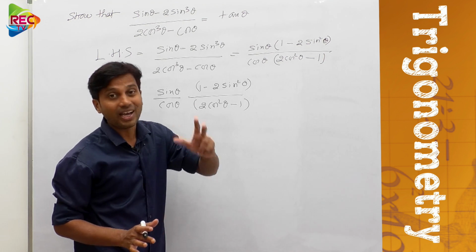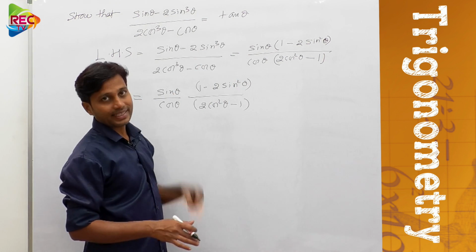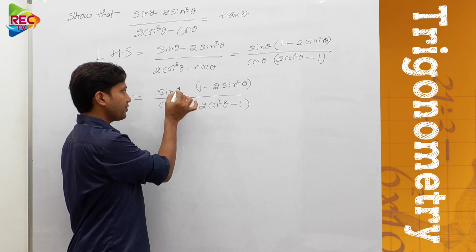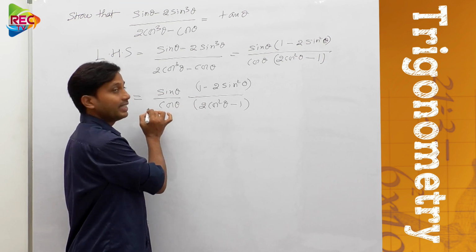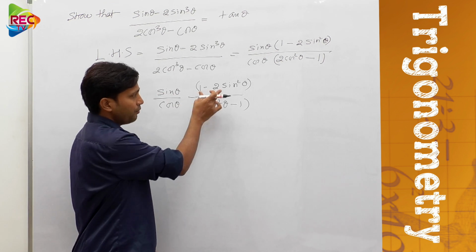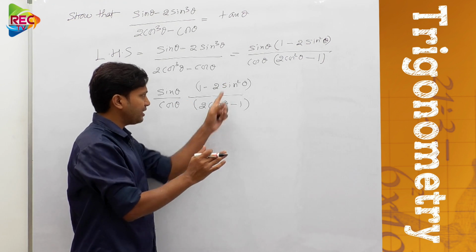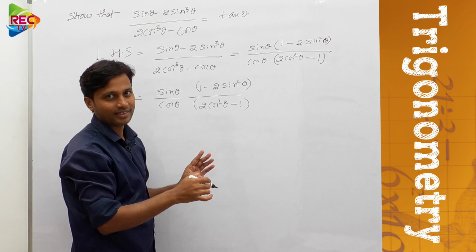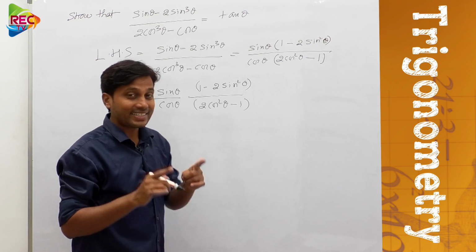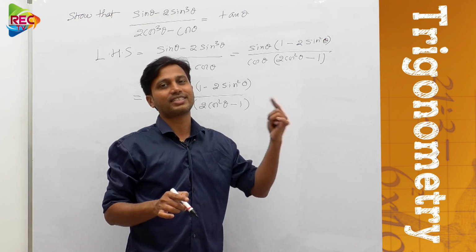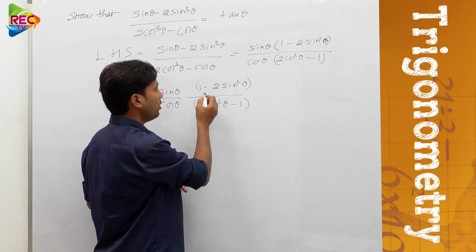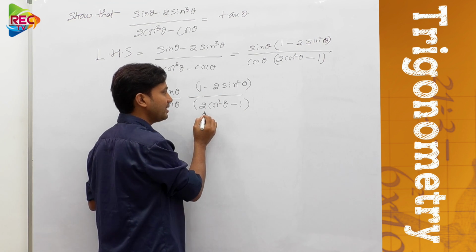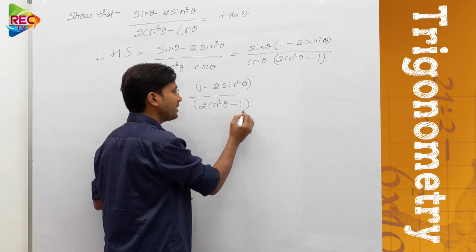We need to get tan theta, meaning the ratio of sin theta and cos theta is tan theta. That means we need to do some adjustment in this numerator and denominator so that these two can be cancelled. Of course, cancellation is not important; there should exist such a situation.